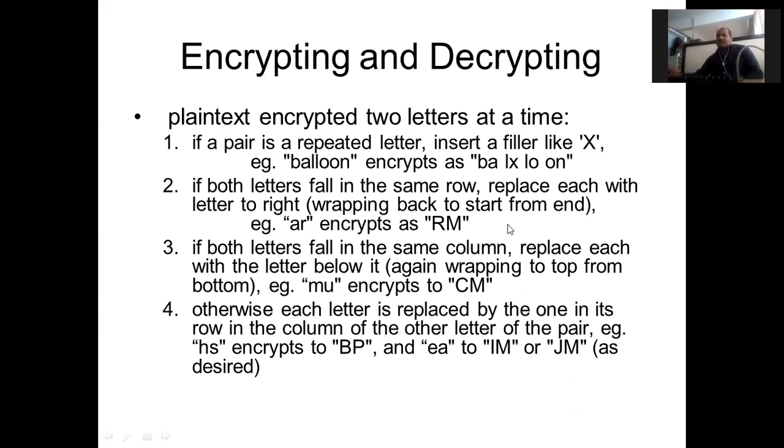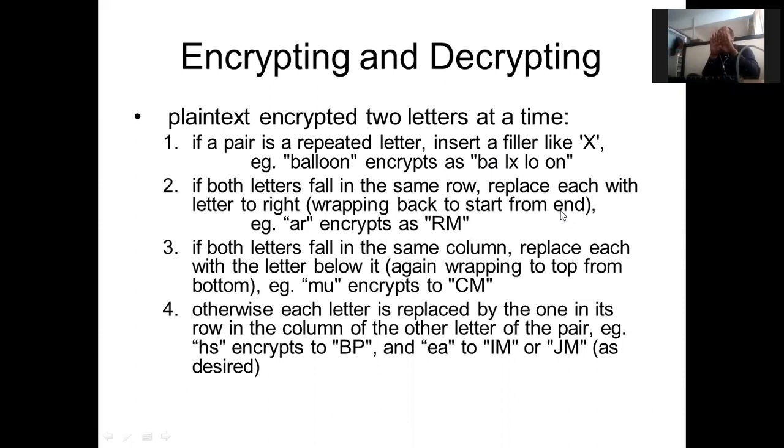Whatever the first rule is, it is related to the digram. Now what does the second rule suggest? If both letters fall in the same row, for these letters BA, LX, LO, ON, replace each with the letter to the right, wrapping back to start from the end.